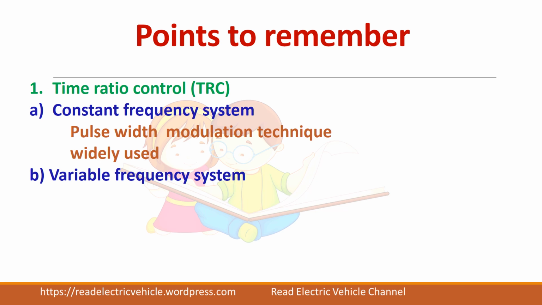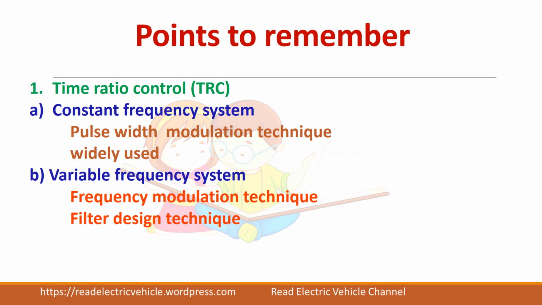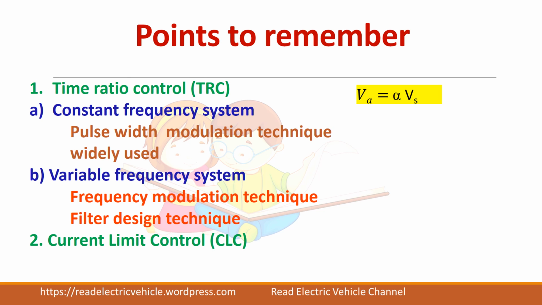In the variable frequency system, the frequency is varied, so it is called a frequency modulation technique, but this has some drawbacks: as the frequency changes, filter design is difficult and it can cause interference with communication lines. Another method is current limit control, where you control the current within two limits. And the formula to remember here is: V average is equal to alpha Vs, where alpha is the duty cycle.